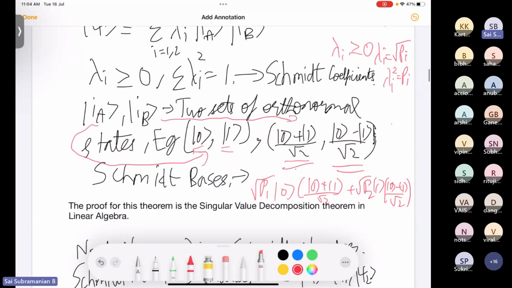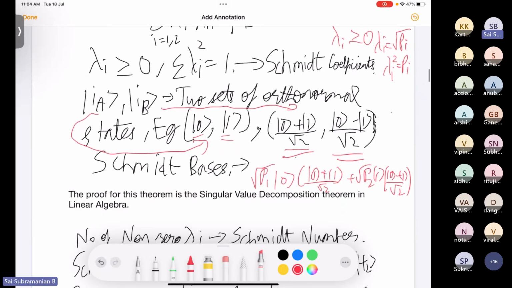So what does this mean? It means that with probability p1, the first qubit is in the state 0 and the second qubit is in the state 0 plus 1 by root 2, and with probability p2, the first qubit is in the state 1 and the second qubit is in the state 0 minus 1 by root 2. That is the meaning of this decomposition.